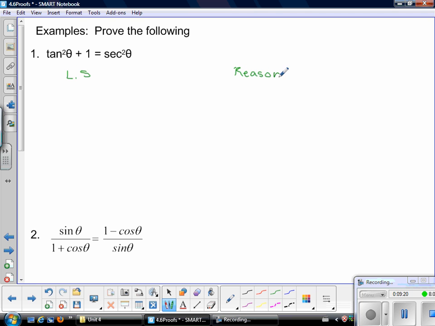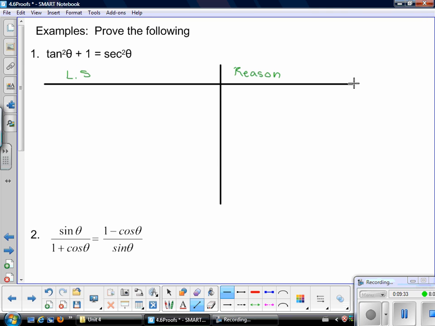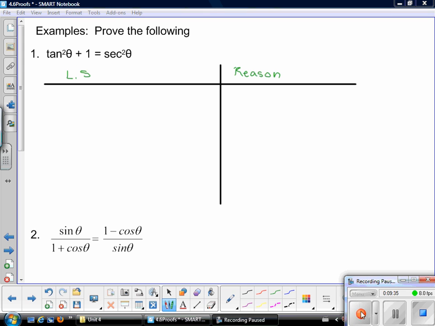I usually put a straight line down, and so I actually am going to make a straight line, and nothing wants to work today. There we go. I usually set it up like that. You can actually make it like a T table if you so wish. The first thing I notice is on that left side, I usually rewrite it down so that it's right there for me.